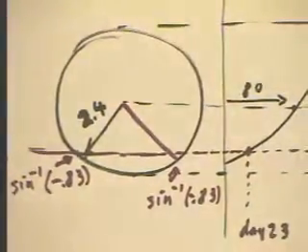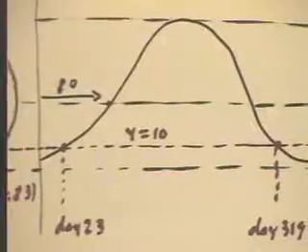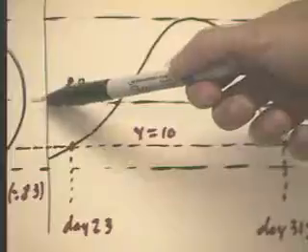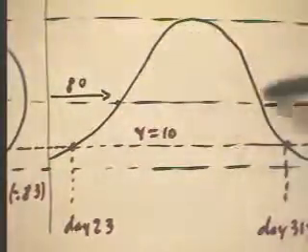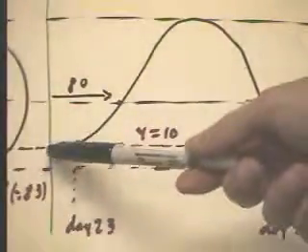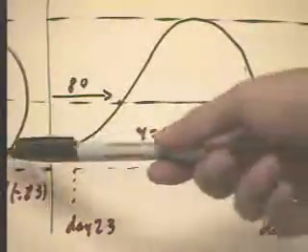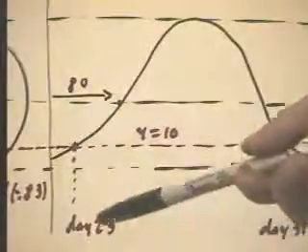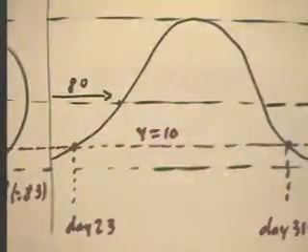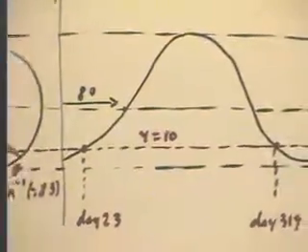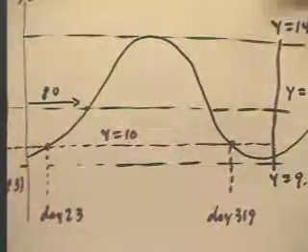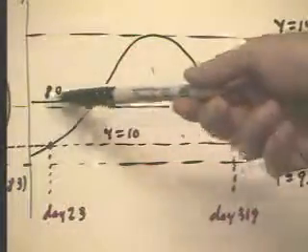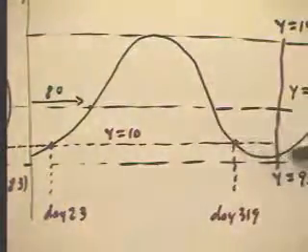On the graph, we project these points over, and we see that if the graph has been shifted to the right 80 units, so that instead of starting the sine function here, we started here, then certainly this intersection of the negative 0.83 value corresponds to day 23, and this one to day 319, where the complete cycle ends here. Okay, this is our 365-day year. This is our 365-day day length cycle.